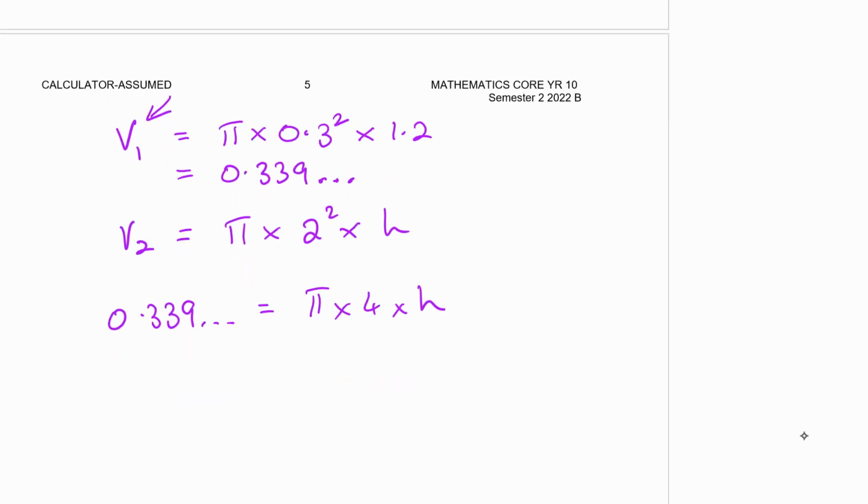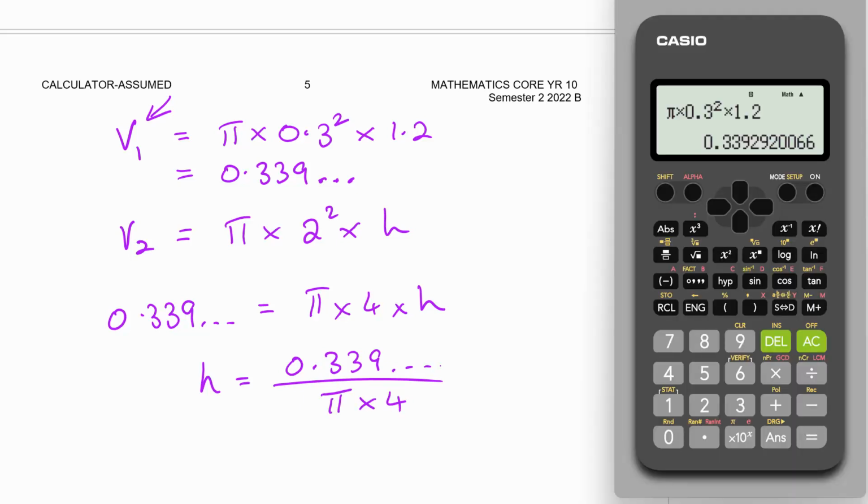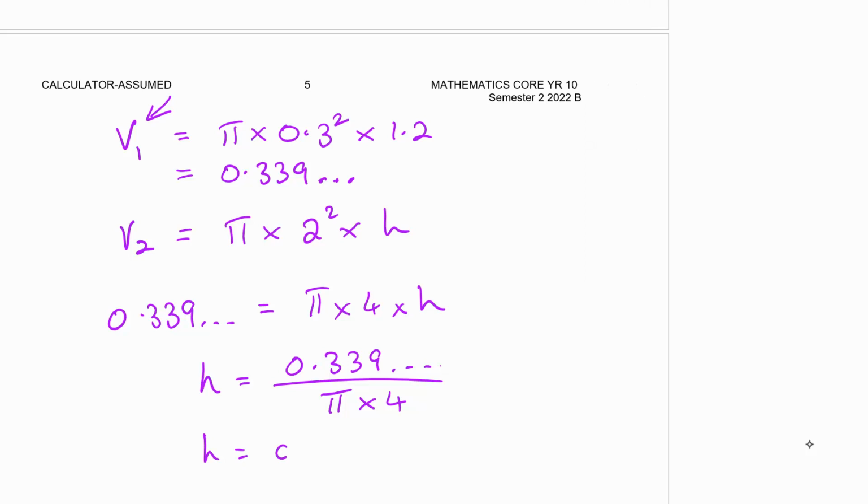And therefore, h is going to be 0.339 and so on divided by pi times 4. So in other words, I'm doing my last answer and I'm dividing it by pi times 4. I have to put that in a bracket, by the way, or you use the fraction template to do it. And that gives me that h is 0.027 meters.